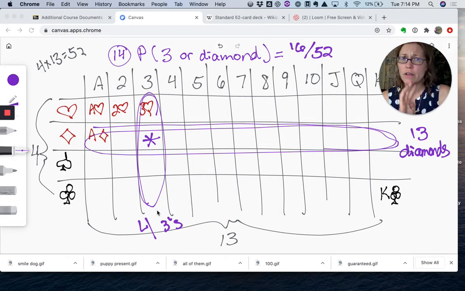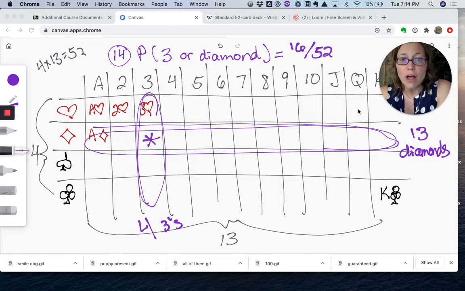There are 4 threes, and then I know that there are 13 diamonds, so 4 threes, 13 diamonds, 17 cards, right? Except doing that counts the 3 of diamonds twice, which is one of the benefits of using a table as opposed to just trying to carry it all in your head.